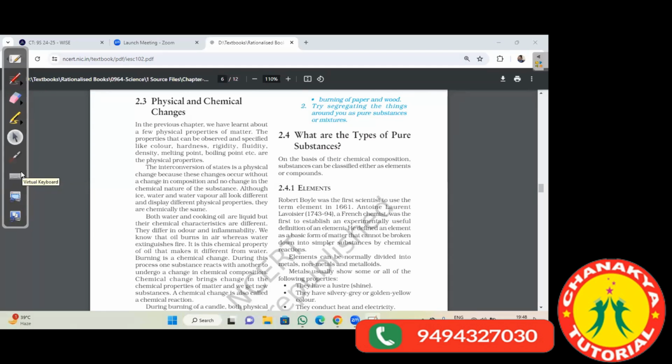Now here we have two types of pure substances. We have seen the types of impure substances. Okay, Yukta, what are the types of impure substances? Yukta? Yukta, if you are hearing, can you respond even through the chat section?